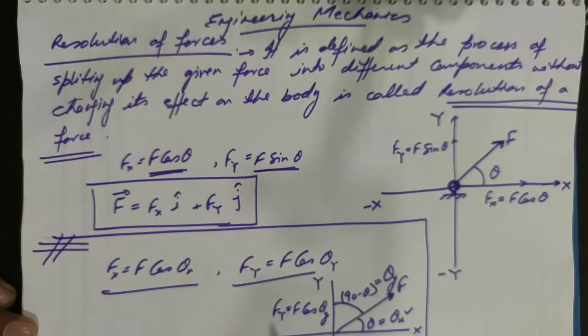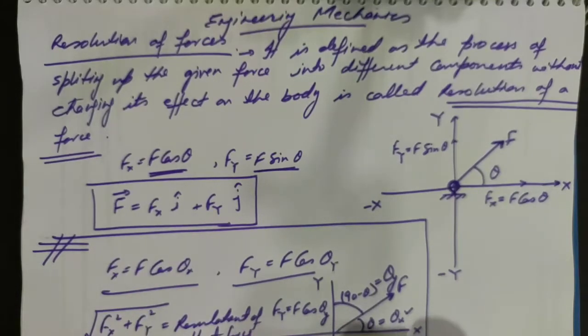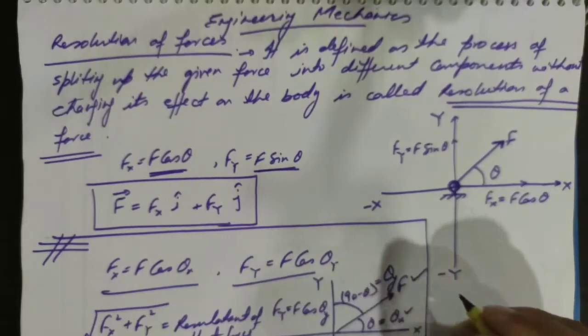And we need to find the resultant of it, so we take Fx squared plus Fy squared and take the square root, then we get the resultant of that force. If we have some values like this, we can also come to the resultant force.